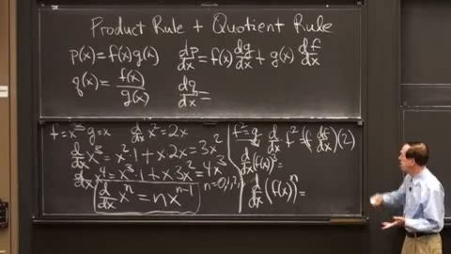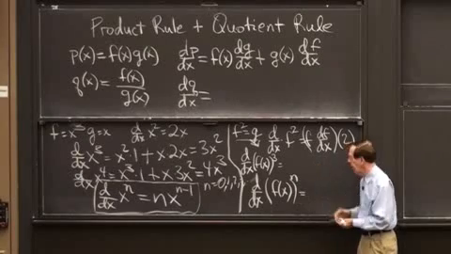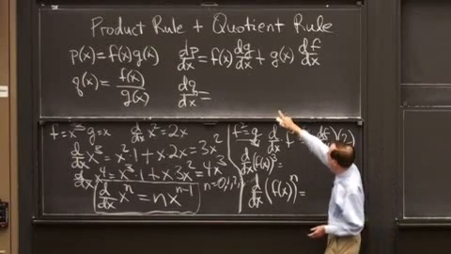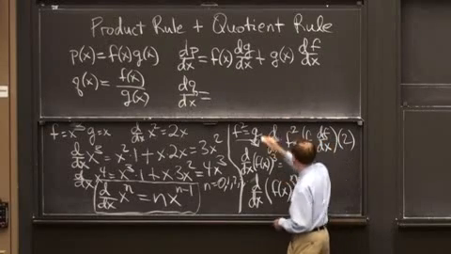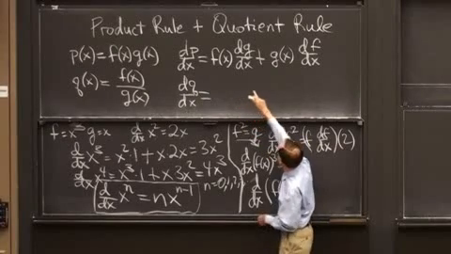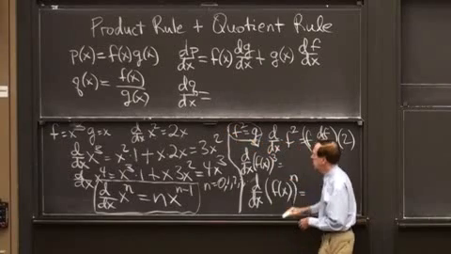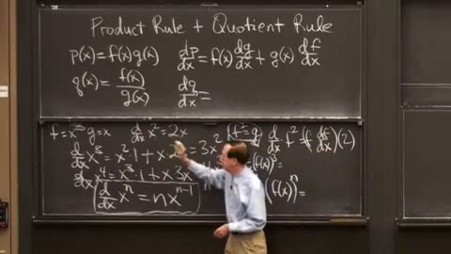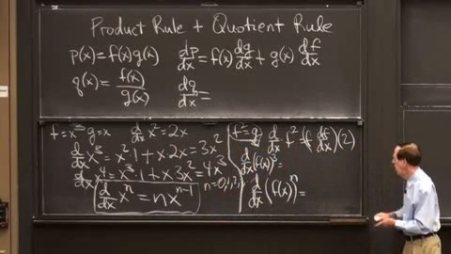Can I take my product rule with f times f squared? So I'm doing this now with g equal to f squared, just the way I did it over there at some point with one of them as a square.